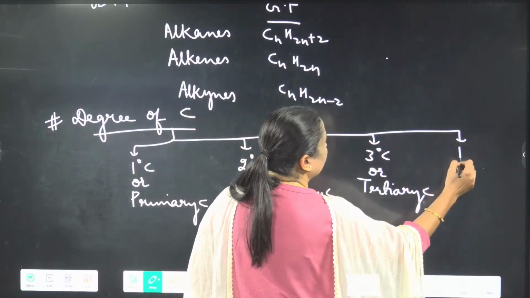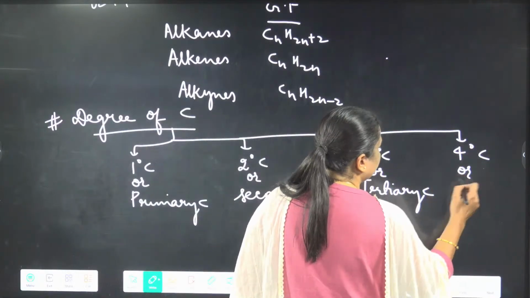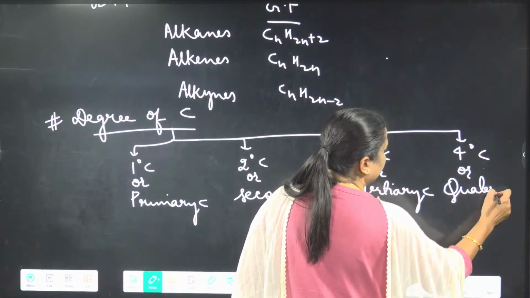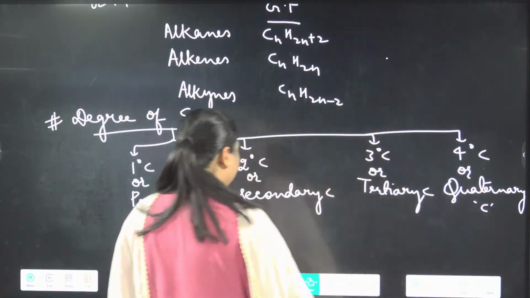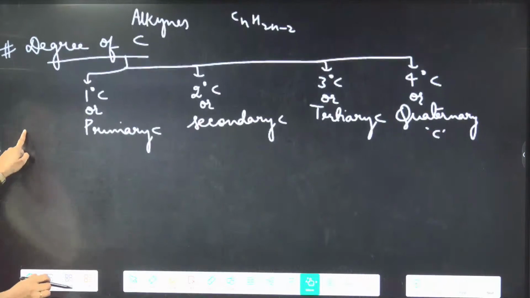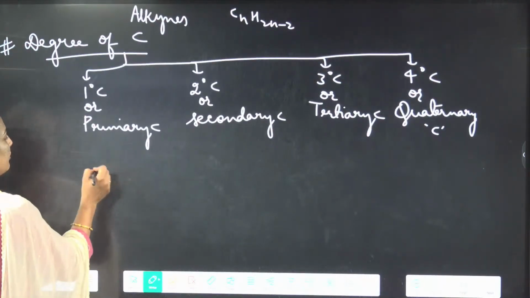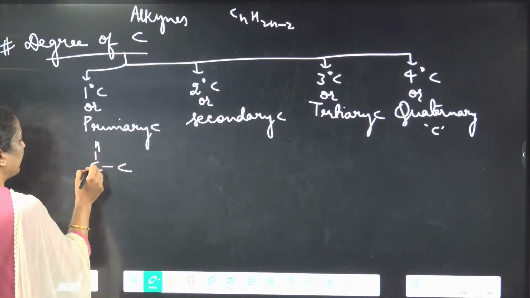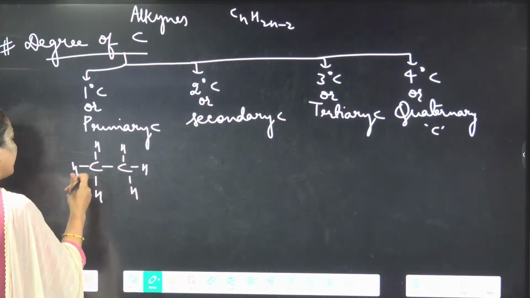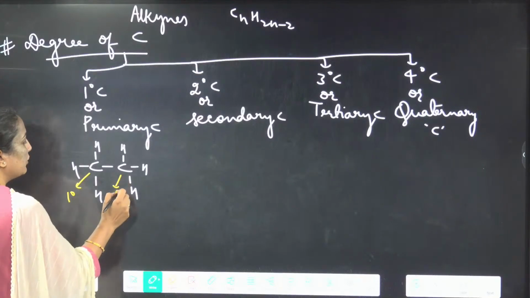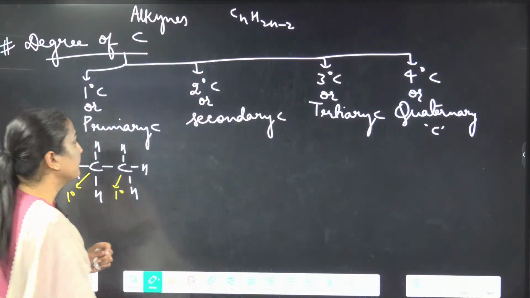And then you are having quaternary carbon. Right? So primary carbon means it is only connected to one particular carbon. You are able to see this? Both of them, they are primary. They are connected to only one carbon.